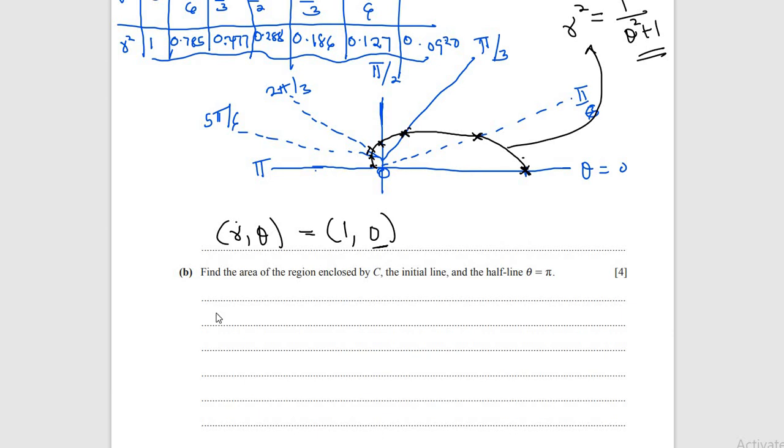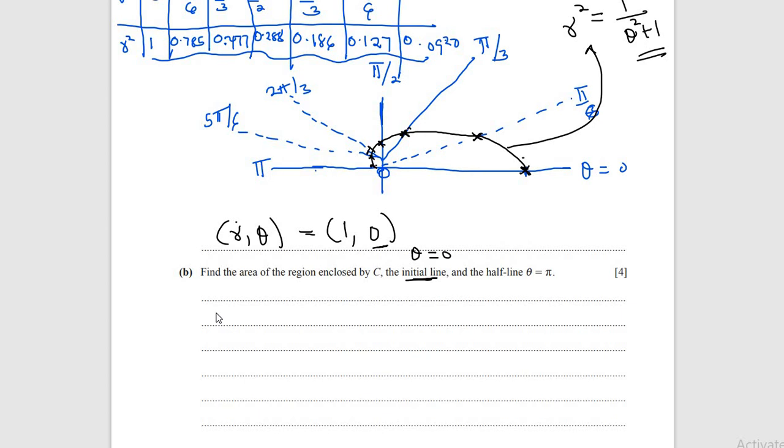Now the next one, find the area of the region enclosed by C, the initial line and the half line theta. What's the initial line? Initial line is when theta is 0, and the half line is theta equal to pi.